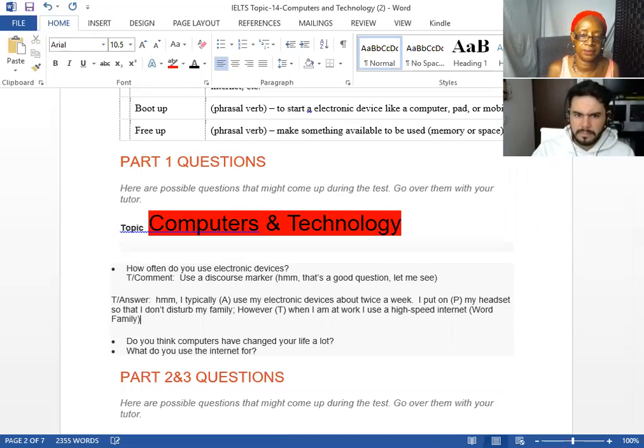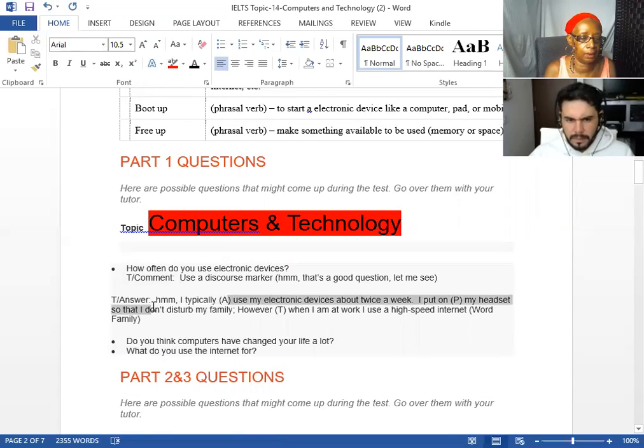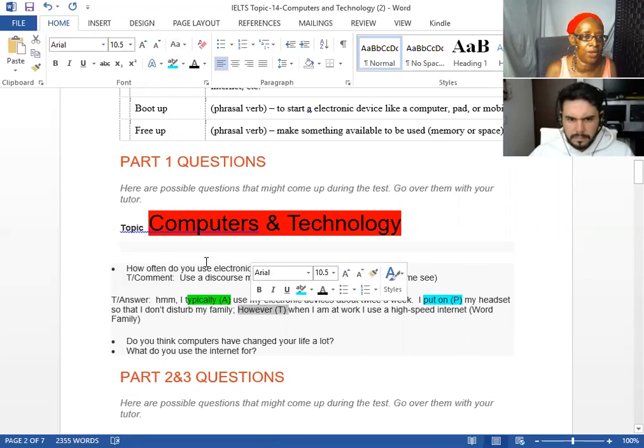Do you understand? Yes. Okay, so we've got our academic vocabulary, which is typically. Put on is your phrasal verb. And your transitional phrase is however.